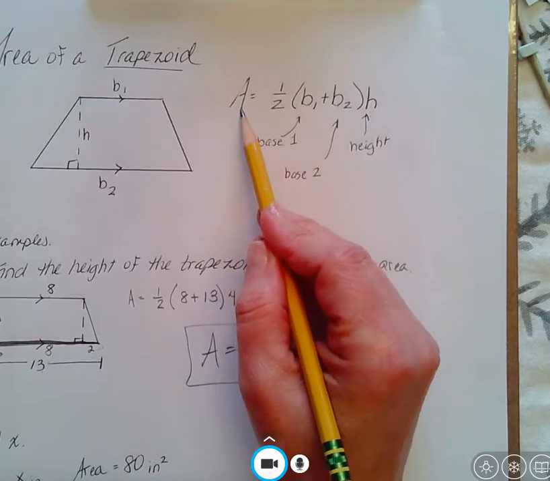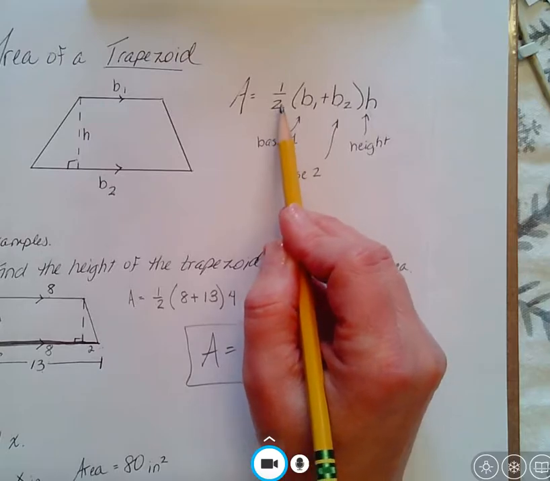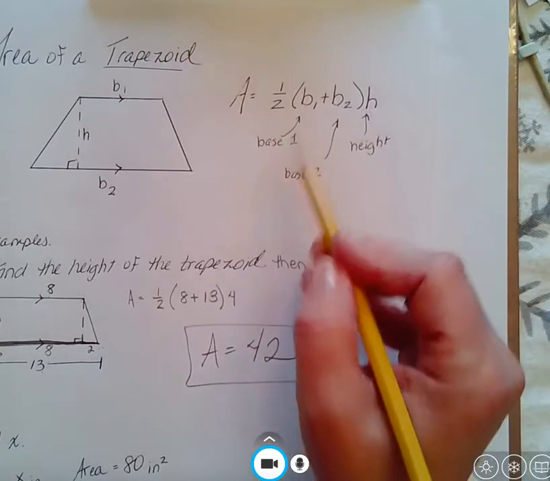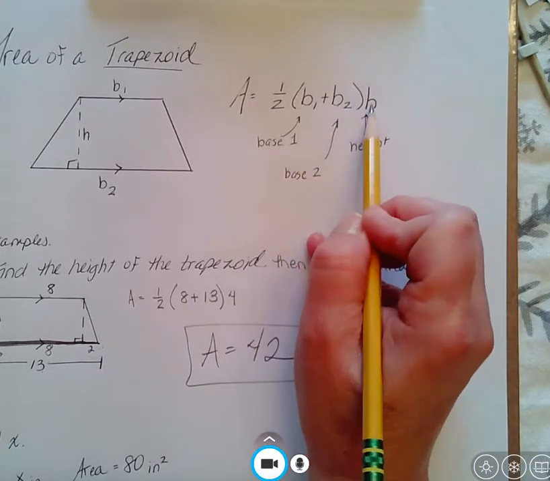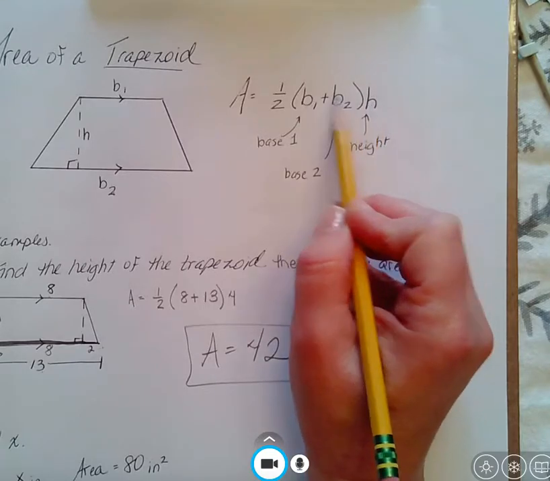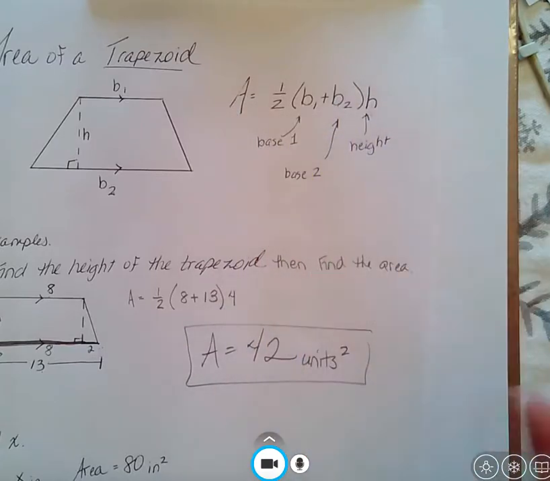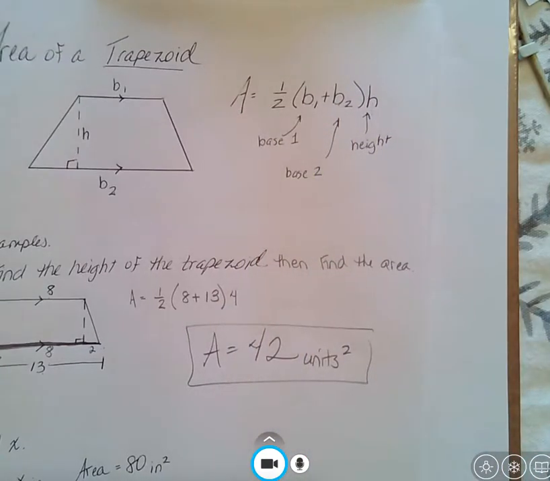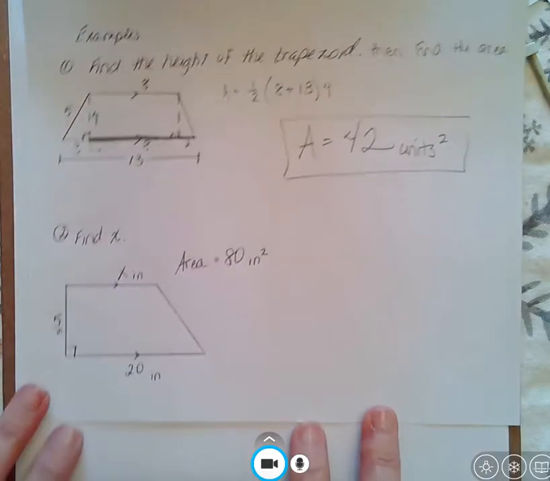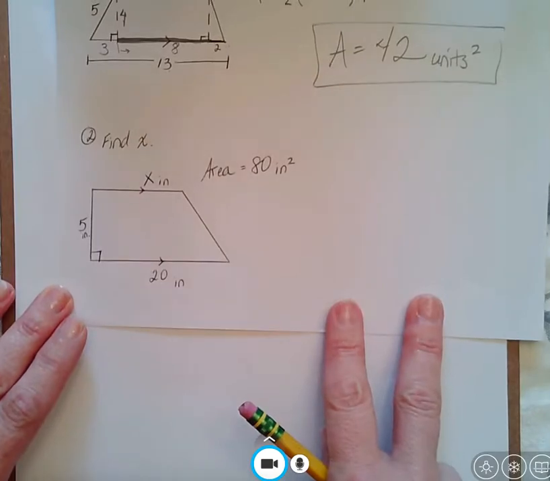So I have 1, 2, 3, 4 things that are unknown. The 1/2 is a number. That's not an unknown. It's part of the formula. If I know any 3 of them, I can find the 4th one. So that must be what happens down here. They're giving me 3 and then asking me to find the last one.